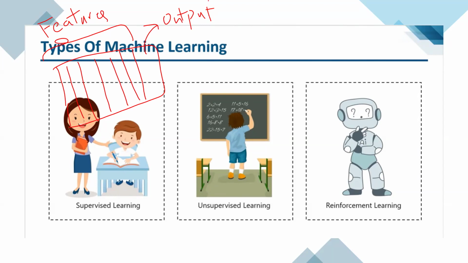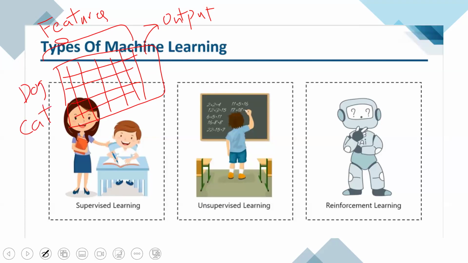If you're distinguishing a cat and a dog, these features can be tail size, height of the creature, weight of the creature, eyes, type of lens, or something. All of them fall under features, and all of these features will be used to derive the output.